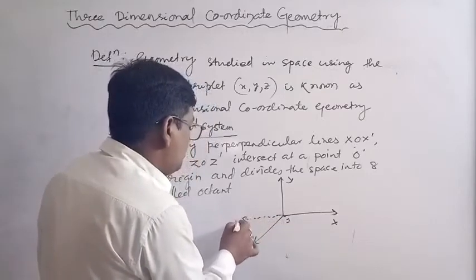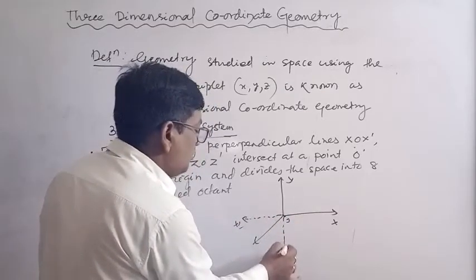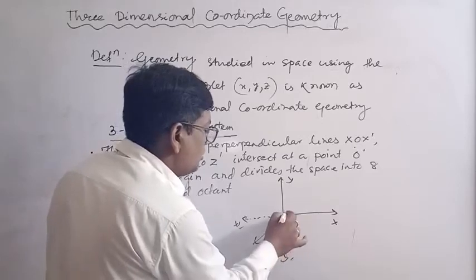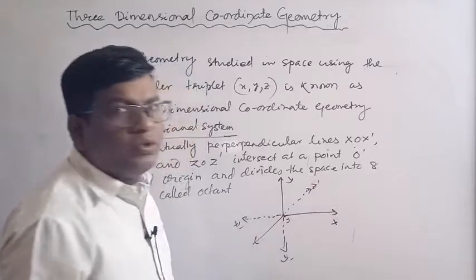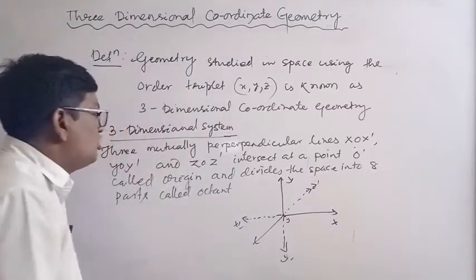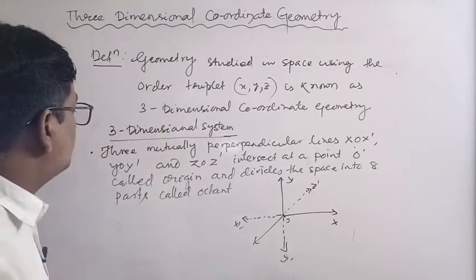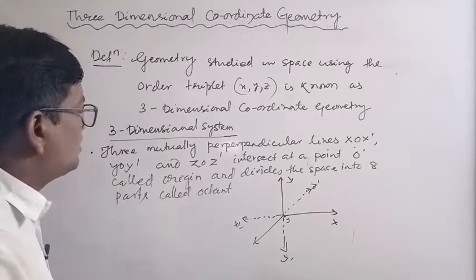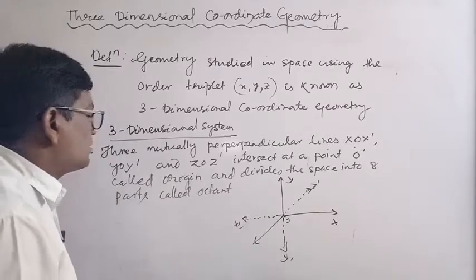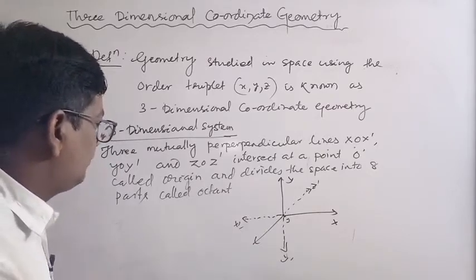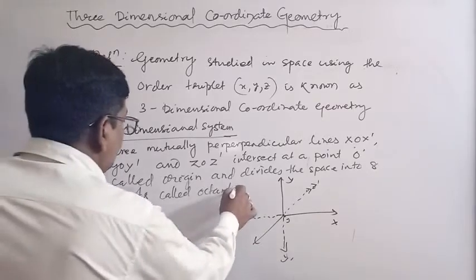So the three mutually perpendicular lines XOX', YOY', ZOZ' intersect at a point called the origin and divide the space into 8 parts called octants.